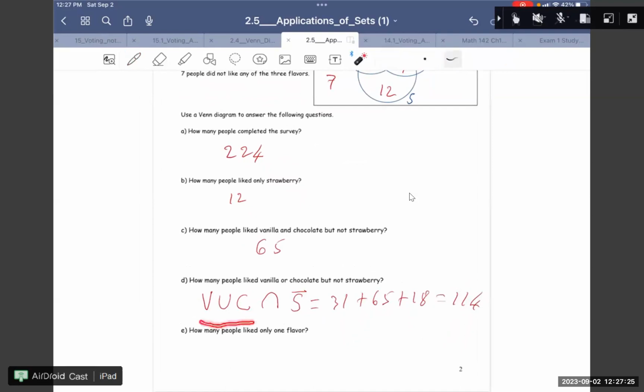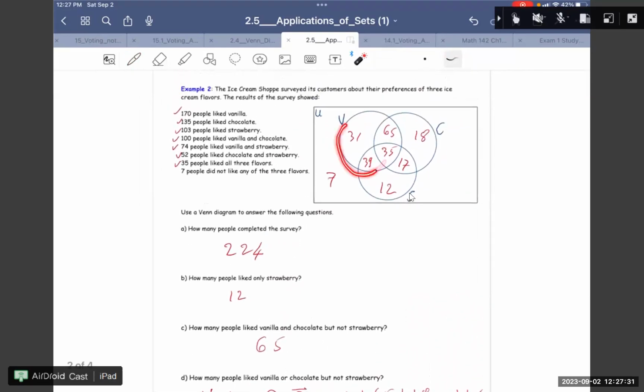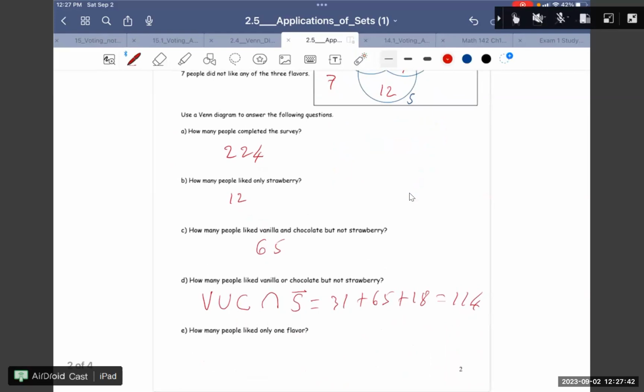So how many people like only one flavor? Either they like vanilla only, chocolate only, or strawberry only. So this one 31, 18, and 12. So 18 for chocolate, plus 12 for strawberry, and plus 31 for vanilla.